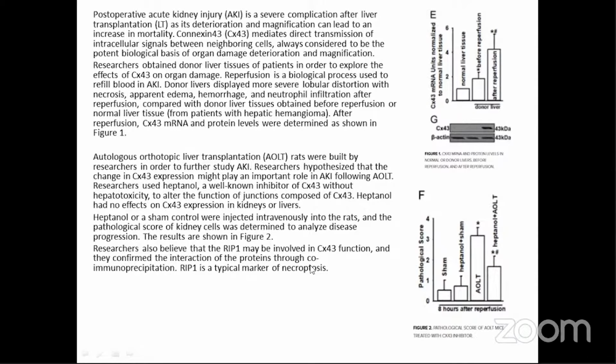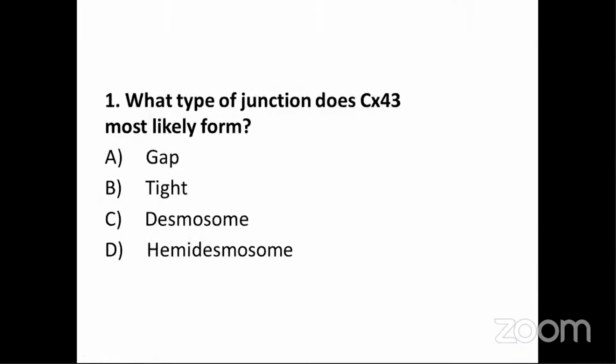So, moving on to the question, I always encourage students to go back to the passage after they see the questions, because you don't really know exactly what you're looking for. Some questions may not need it, like this one, but for some it may be very helpful. The correct answer is a gap junction.